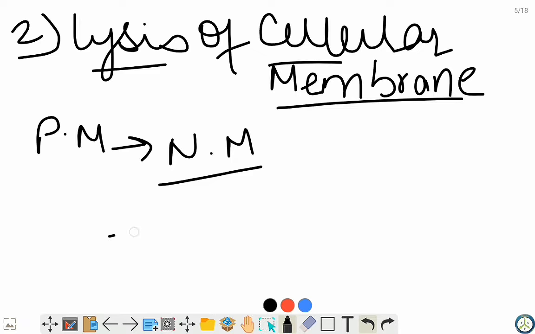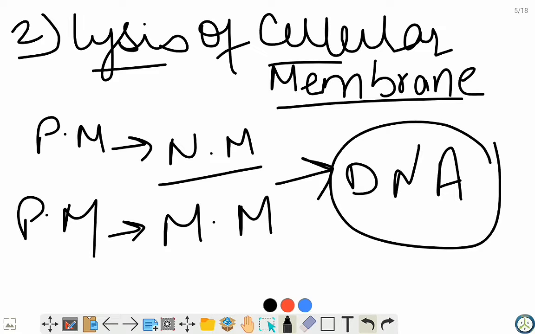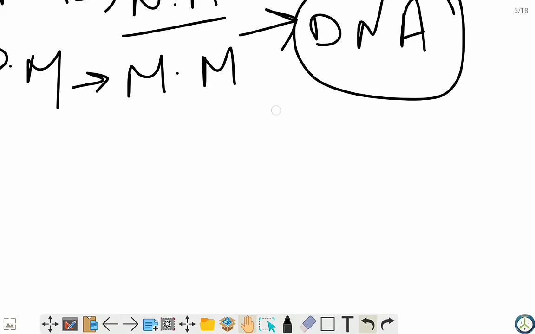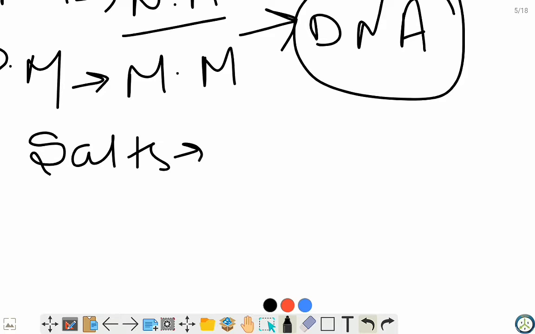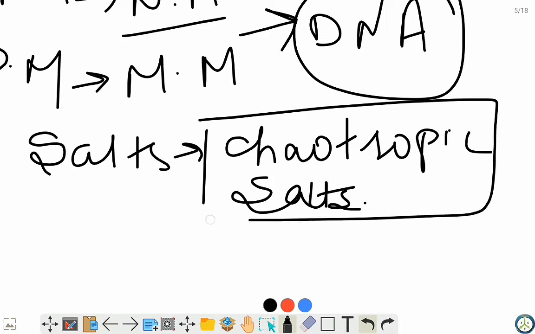If we want the mitochondrial DNA, first we have to break the plasma membrane, and then the mitochondrial membrane, and then we can get access to the DNA. It depends on the need, whether we want mitochondrial DNA or nuclear DNA. For this step we use different types of salts, known as chaotropic salts.